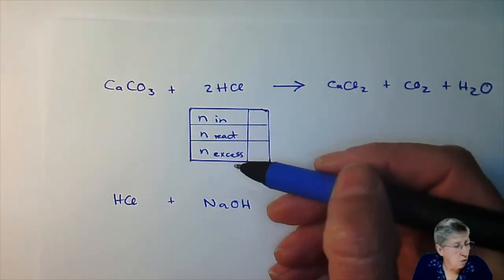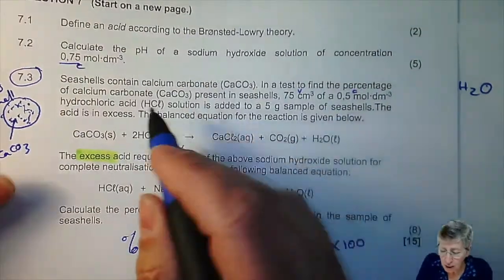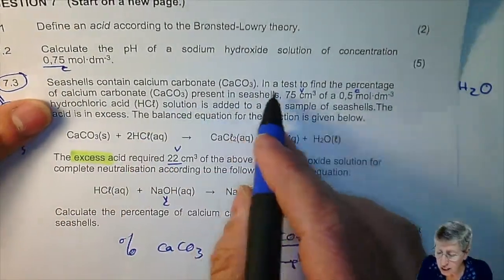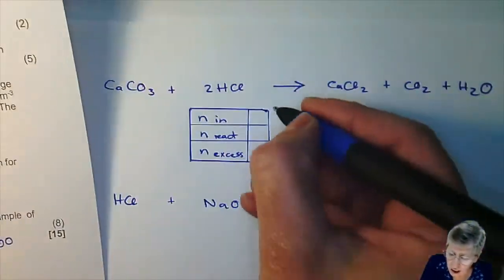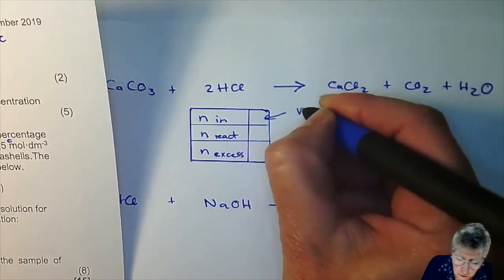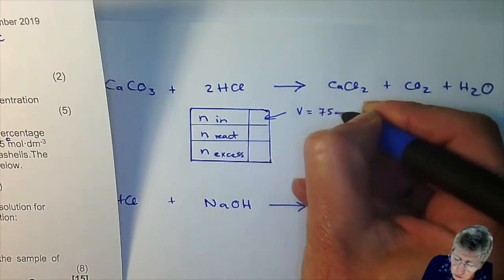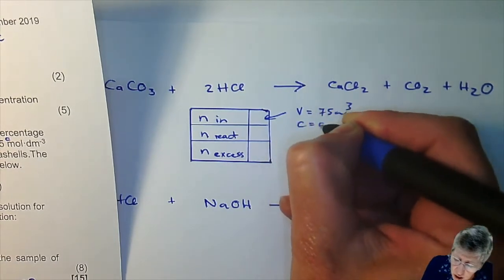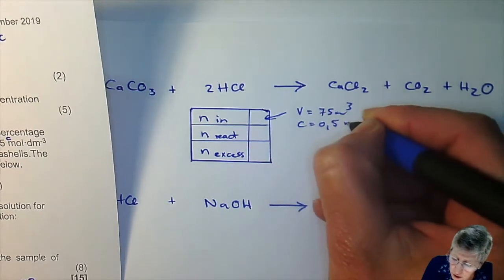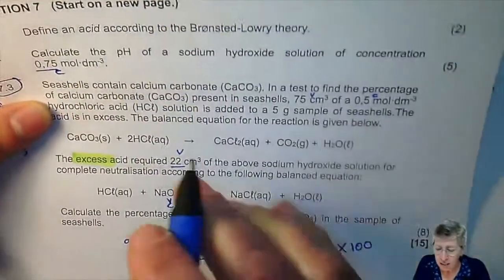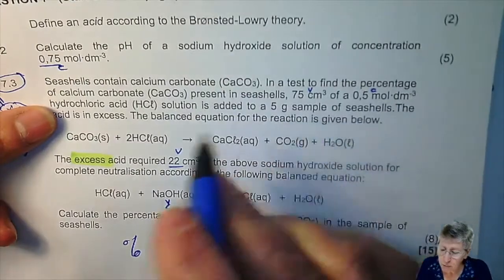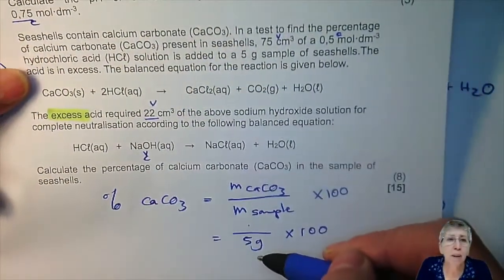Right, so let's read again. Now what they tell you is seashells containing calcium carbonate reacts with, and there they tell me what they put in. They put in there a volume of 75 cube centimeters and a concentration of 0.5 moles per cube decimeter. And then they tell me 5 grams of sample. Okay, I've already talked about that.